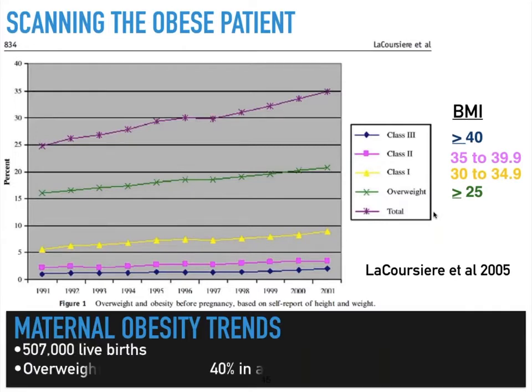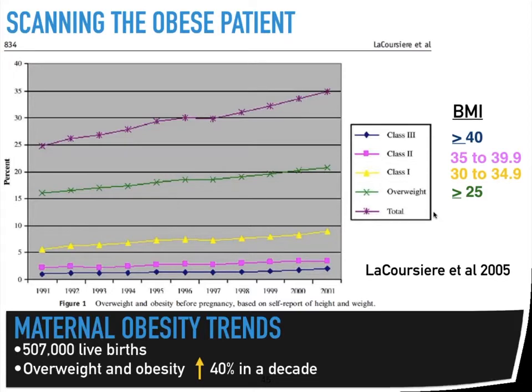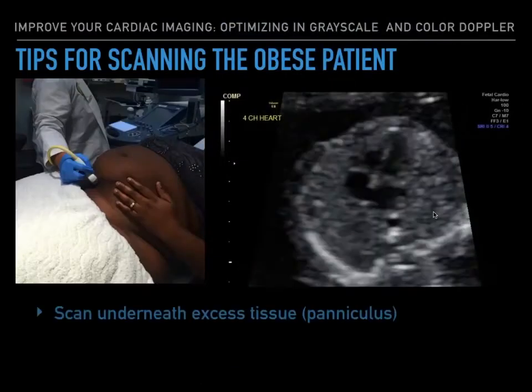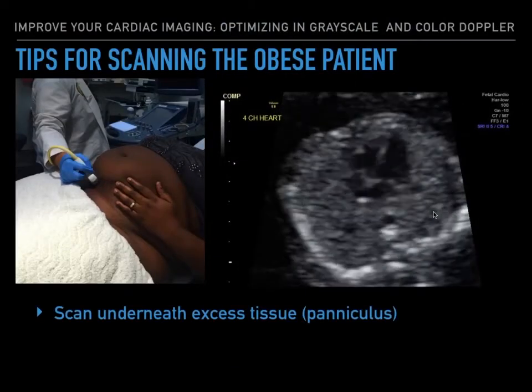There was a total of 507,000 live births, and there has been an increase in overweight and obesity of 40% in a decade. So it's very important when scanning the obese patient that we know how to apply these techniques that will be helpful for us.